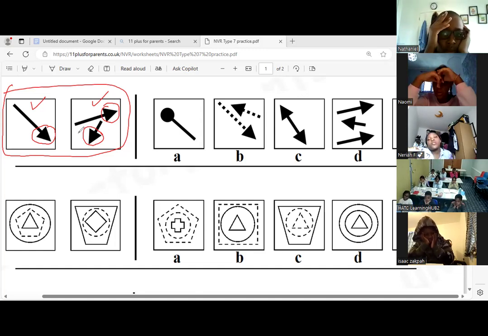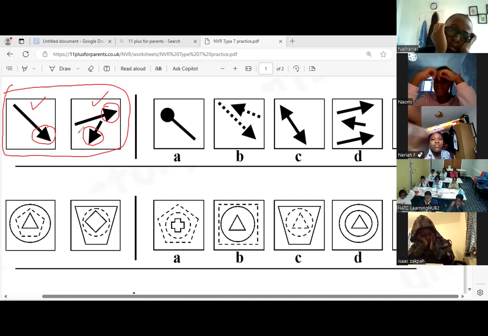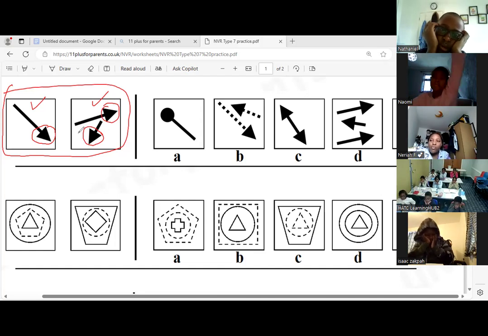It's not the number of arrows, but each arrow. If you look at the first one, it only has one arrow. Listen first. Do we get shading and shape? So do we get two? Yes.